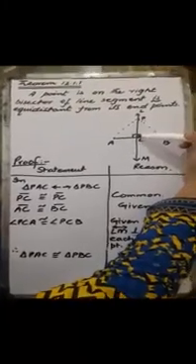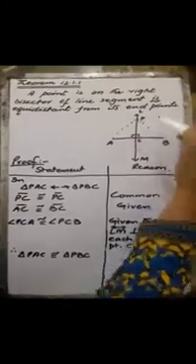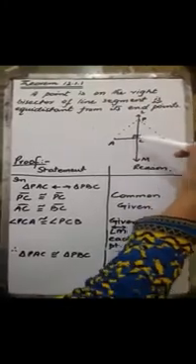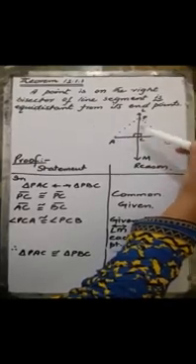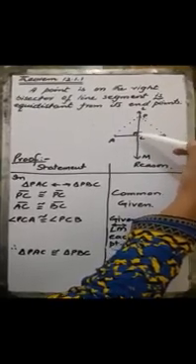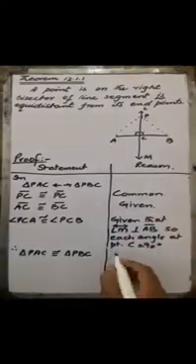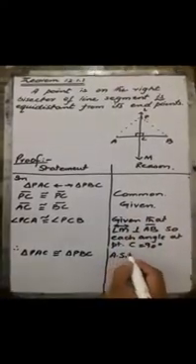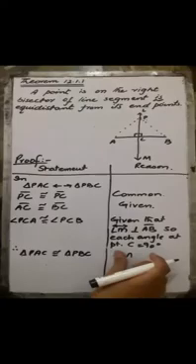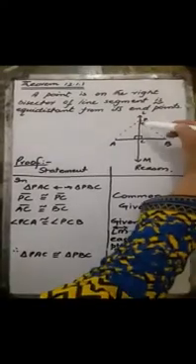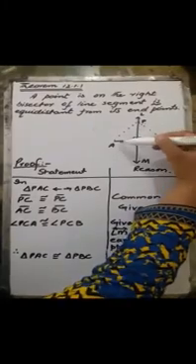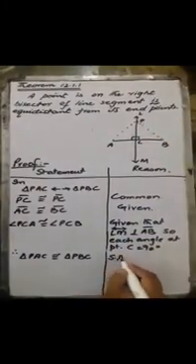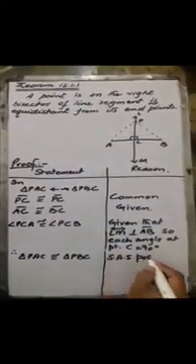We have proved this side as congruent and this side as congruent, and this angle at point C. So this angle is included between these two sides. This is side, then angle, then side. So this will be the side angle side postulate.